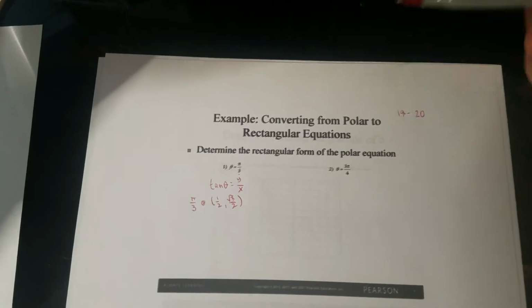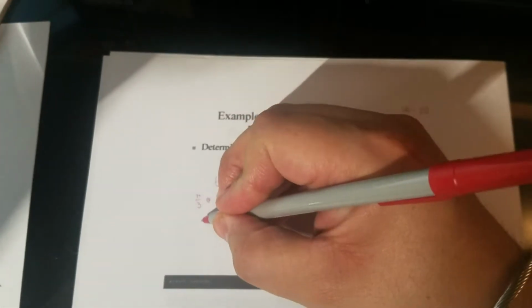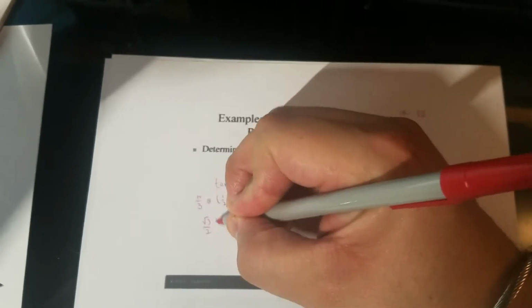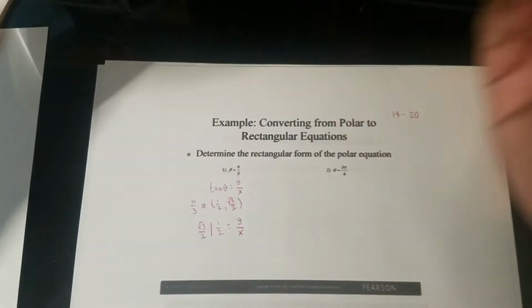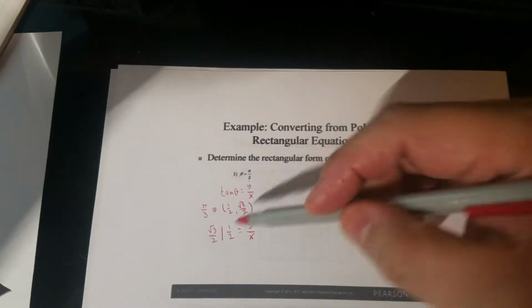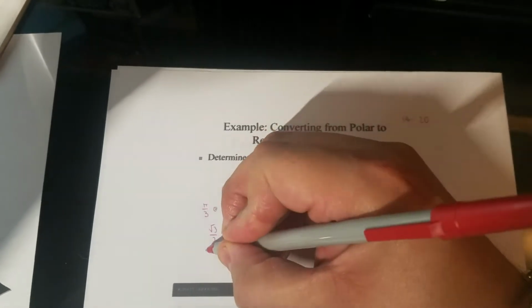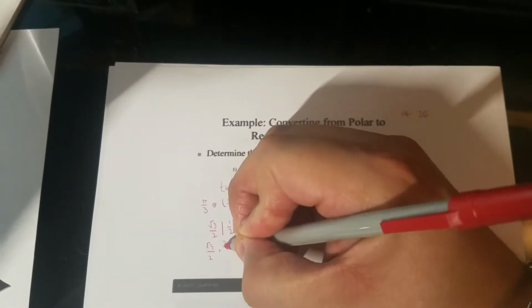So what I want to do is divide y and x. Square root of 3 over 2 divided by 1/2 is what's going to equal y over x. Here I'm going to do keep, flip, and change. So this is square root of 3 over 2 times 2 over 1.